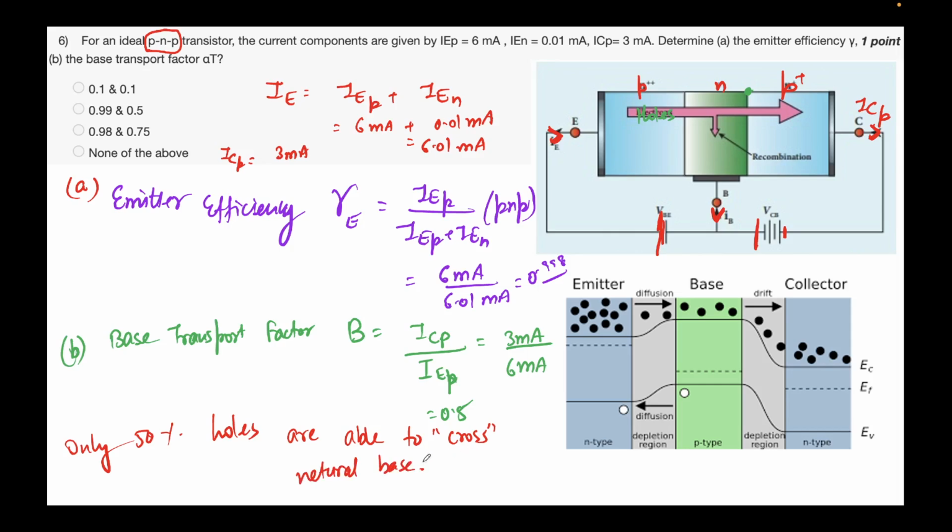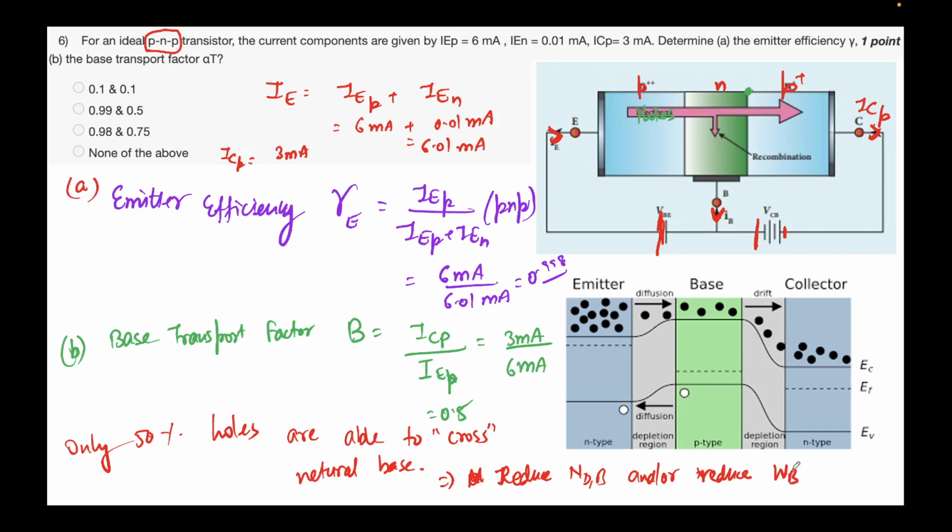Okay, so how do we improve? There are two ways. Reduce NDB, the dopants, the donors, because this is an NPN transistor, and/or reduce WB, the base width.